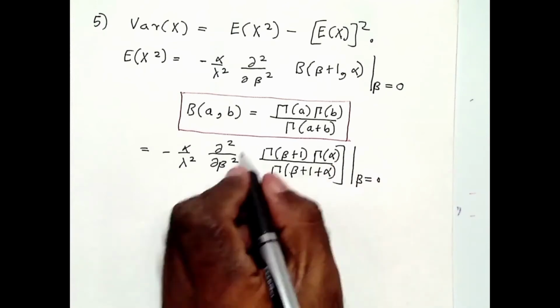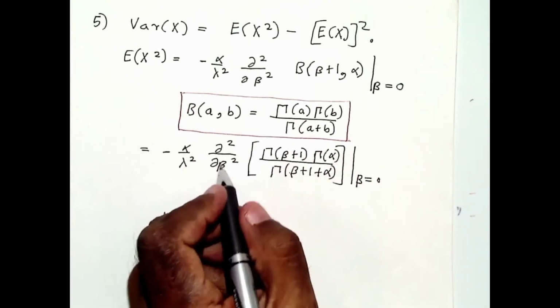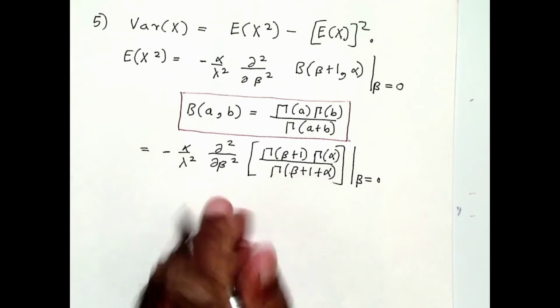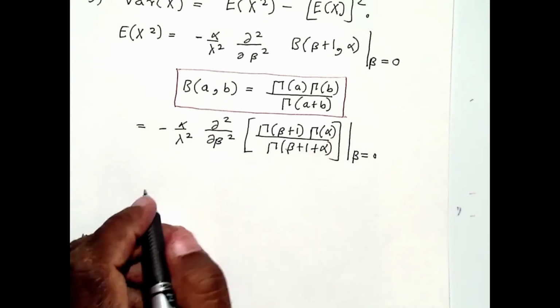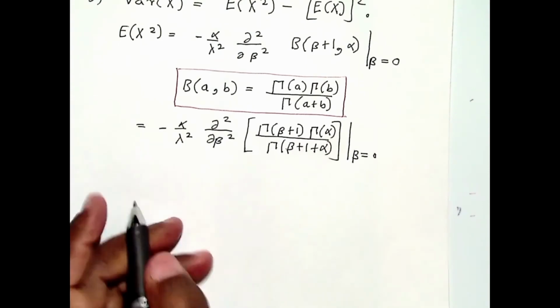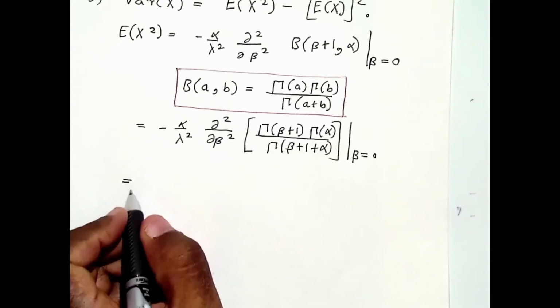Okay, this time you need to differentiate 2 times with respect to beta. So once again, you have to use the product rule 2 times. Now, if you do that, which I'm going to skip, this is what you will get.